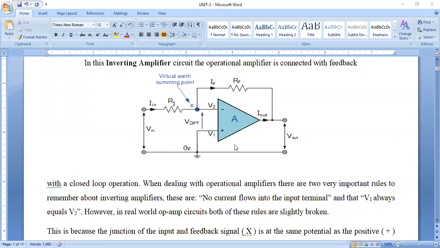Here the input is given to the negative terminal, the inverting terminal, and the positive terminal, the non-inverting terminal, is grounded. A feedback is constructed with respect to a virtual ground point, which is called the summing point. With the help of the summing point we connect the feedback terminal, and we take the output at V0. A is the gain of the operational amplifier, R1 is the input resistance, and RF is the feedback resistance.